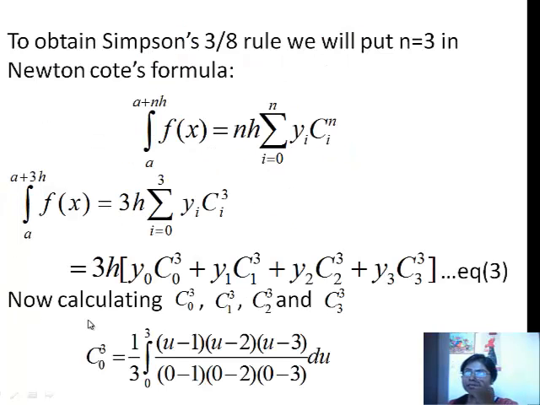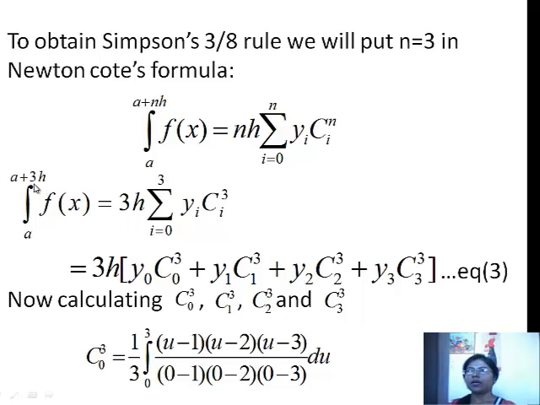Now to obtain Simpson's 3/8 rule, we put n equals 3 in Newton Cote's formula. So again with the same integration, that is f of x from a to a plus nh equals nh summation of yi ci to the power n, i equals 0 to n.